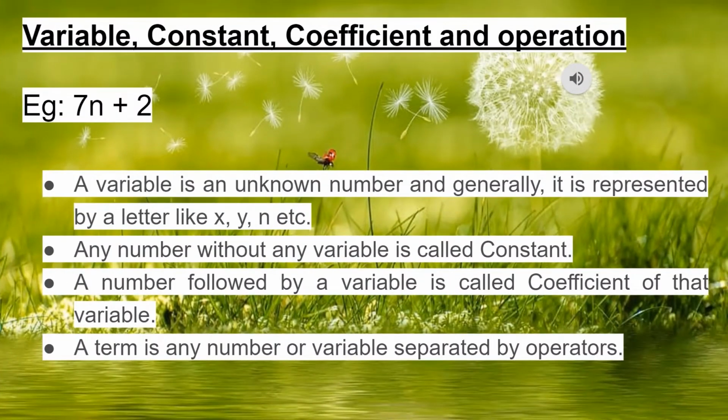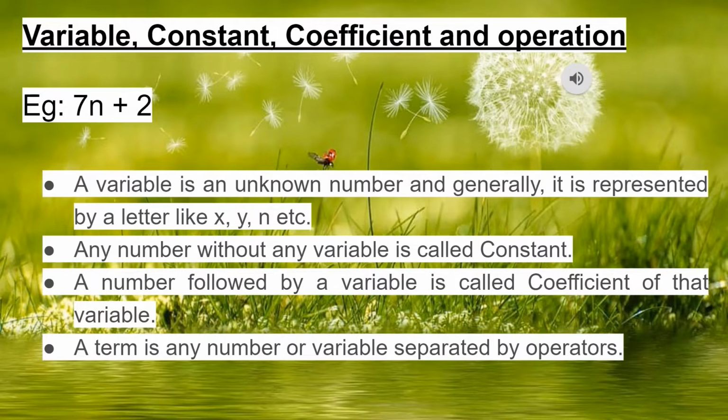Now the same example we are taking again, 7n plus 2. From this example we can understand what is a variable, constant, coefficient and operation. First, a variable is an unknown number and generally it is represented by a letter like x, y, n, etc. Any letter you can use.